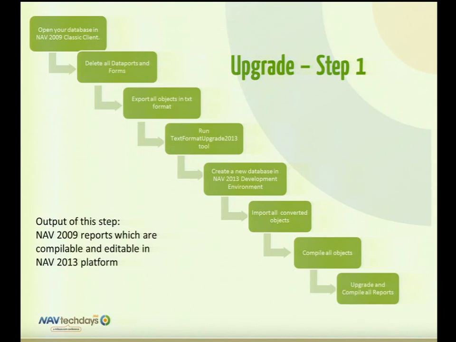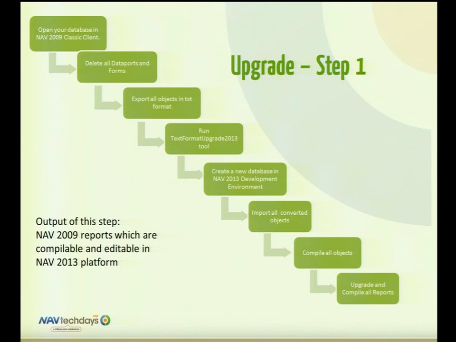What is the output of stage 1? The first step is to take NAV 2009 reports and move them to a stage where they are compilable in the 2013 platform. So you take your database and delete all your data ports and forms first. Then you export all the objects in text format.